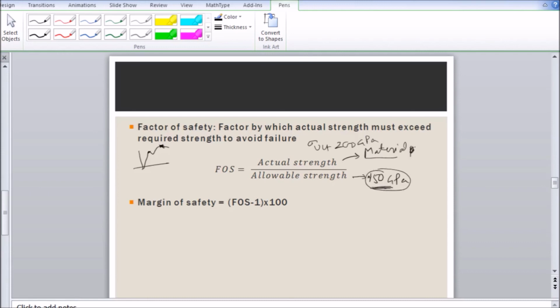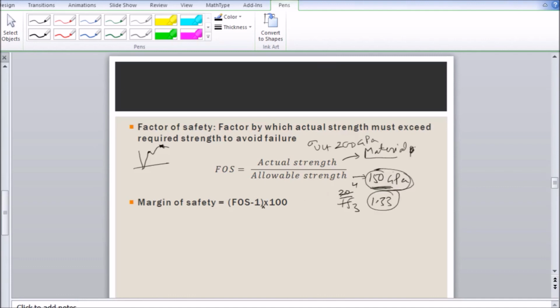So the material strength possible is up to 200 gigapascals, and we are allowing the maximum stress generation only up to 150 gigapascal. Then factor of safety will be 200 by 150, that means 1.33. This will be the factor of safety.